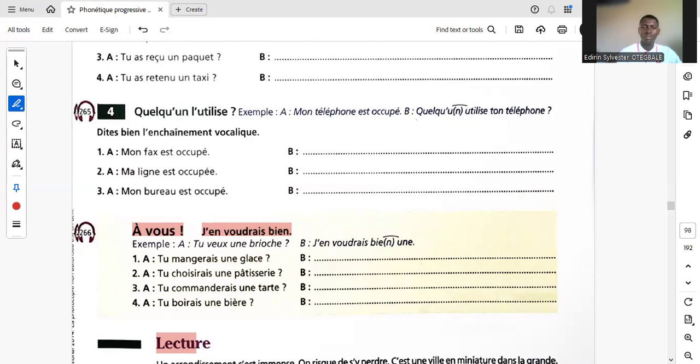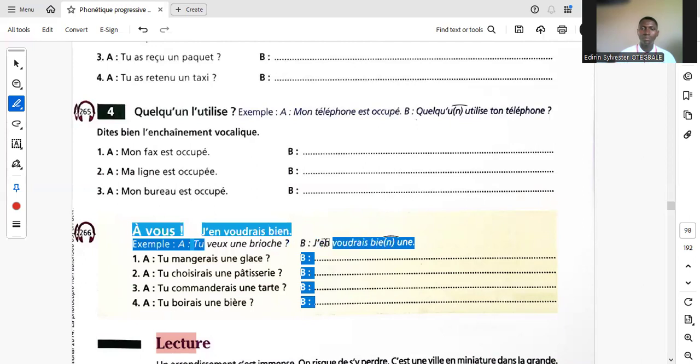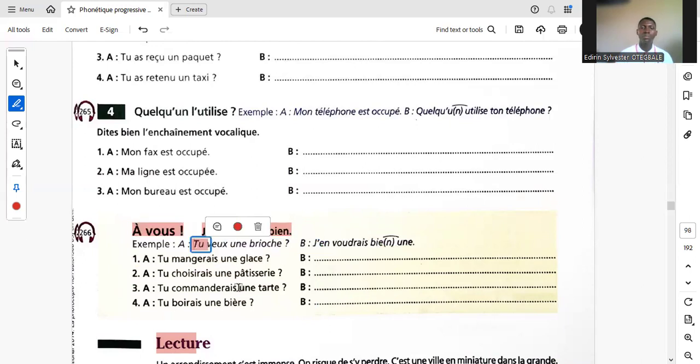Tu voudrais une brioche? J'en voudrais bien une. 1. Tu mangerais une glace? J'en mangerais bien une. 2.